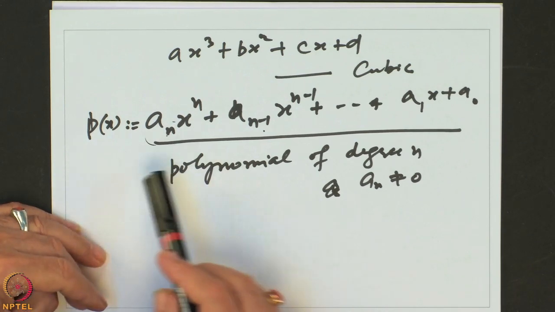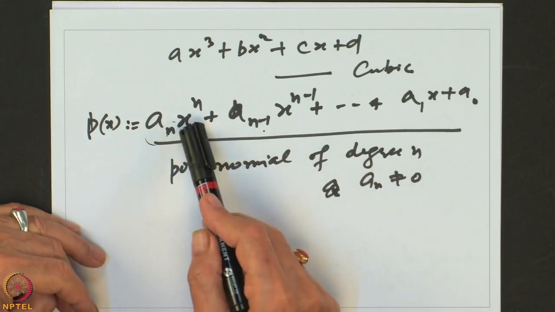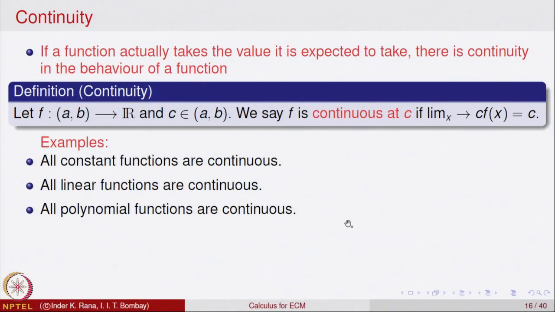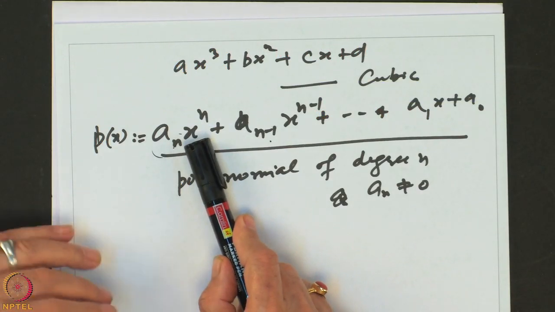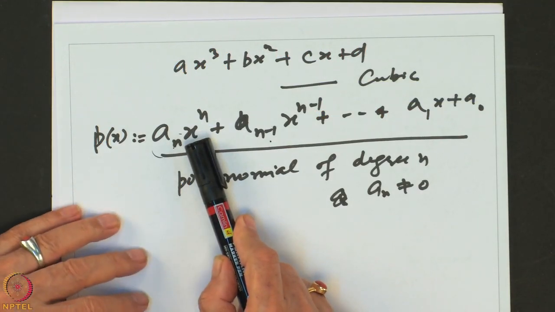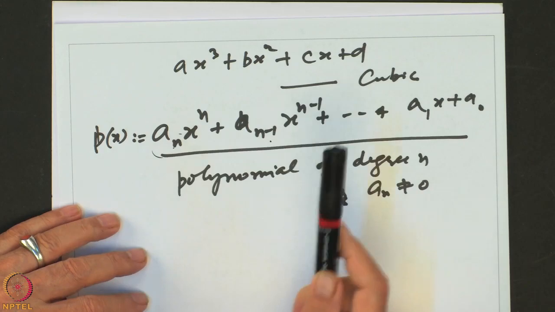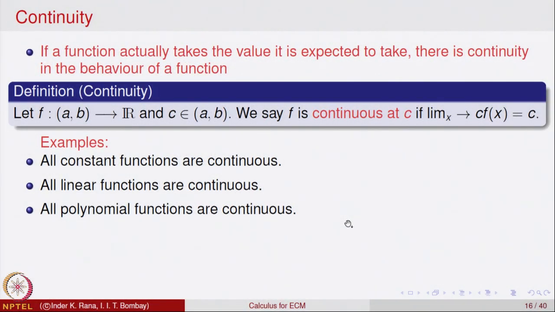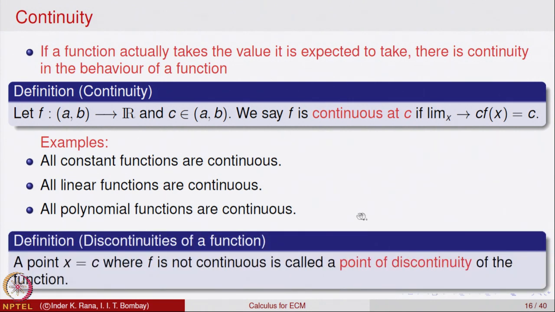To say it is a polynomial of degree n, the leading coefficient a n should not be equal to 0. All these are continuous functions, because x to the power n is continuous, and multiplying by constants the limit is the same. So, by algebra of limits, all polynomial functions are continuous functions.